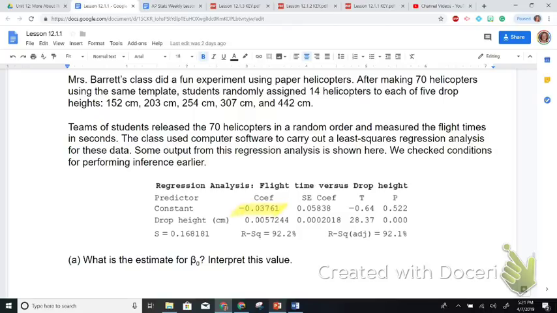The value that's in the row for constant and column for coefficient, this is your y-intercept. And the value right underneath that, that is your slope. And the S value, this is still your standard deviation of residuals.